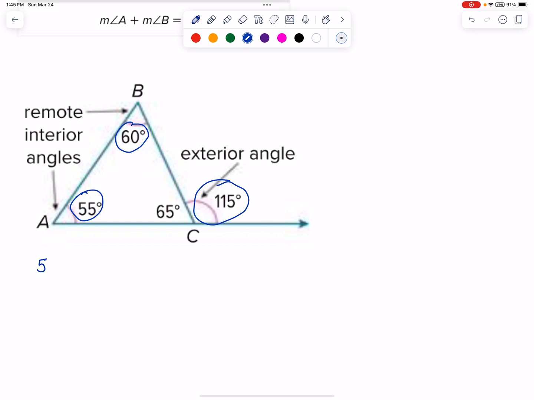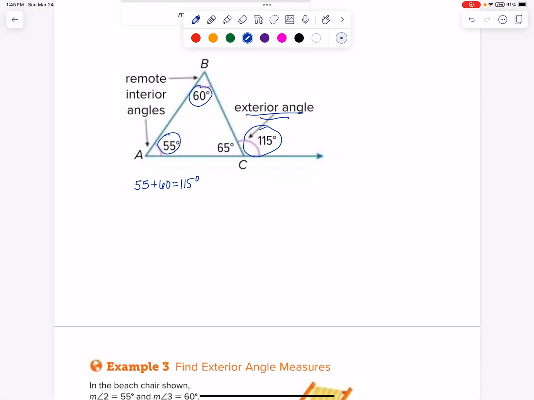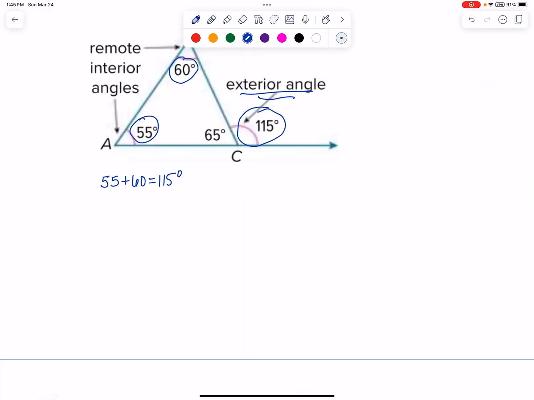So if we make a little note here, the 55 plus 60 equals 115. Does that look familiar? Well, yeah. That's our exterior angle over here. So what would you say is true? Okay, so let's go ahead and make a statement.